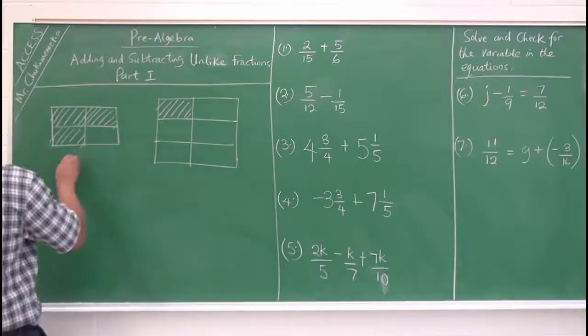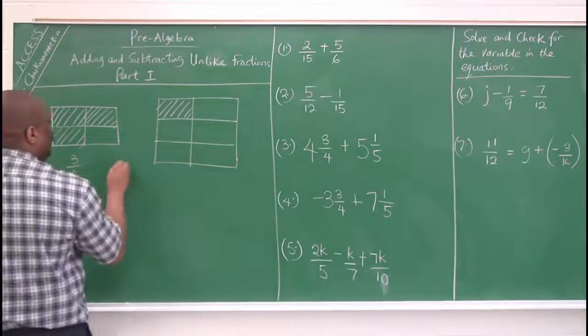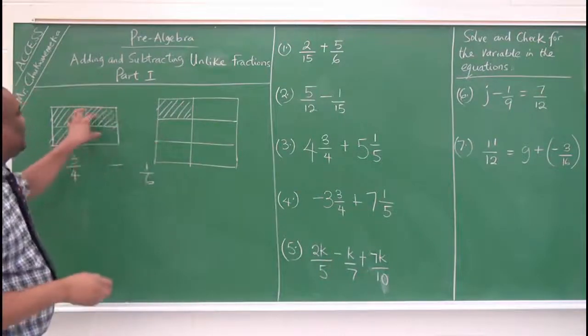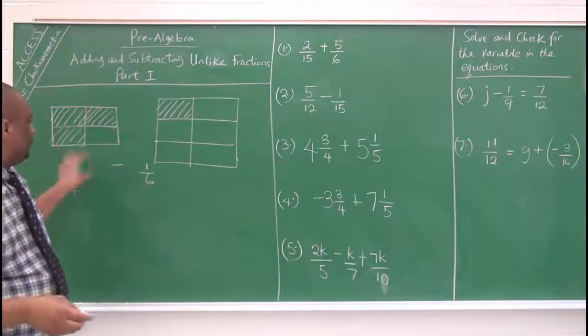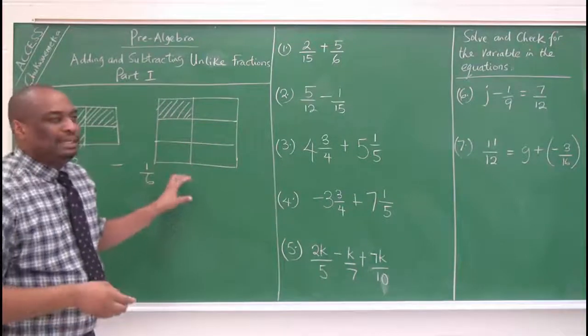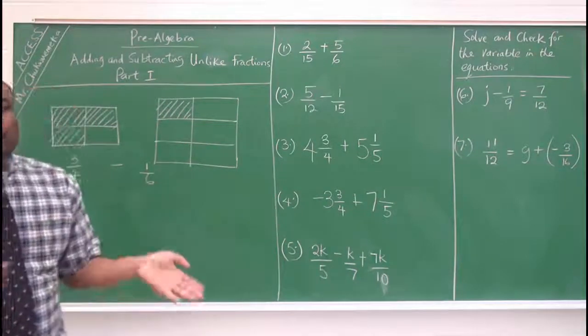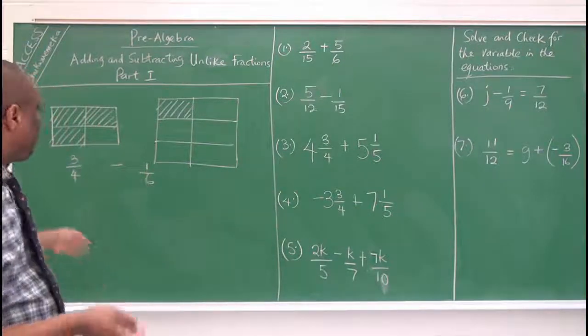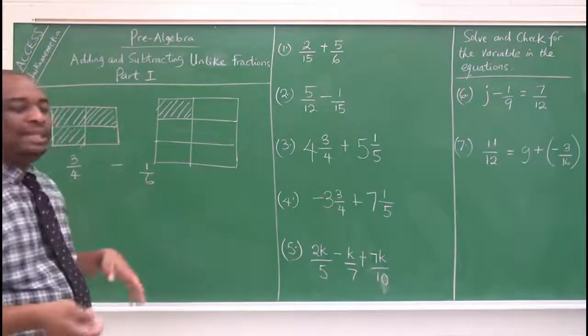So this is like saying 3 out of 4 minus 1 out of 6. You see, the whole here is 4, the whole here is 6. We cannot add them or subtract them directly. We cannot do that because they do not have the same denominator.